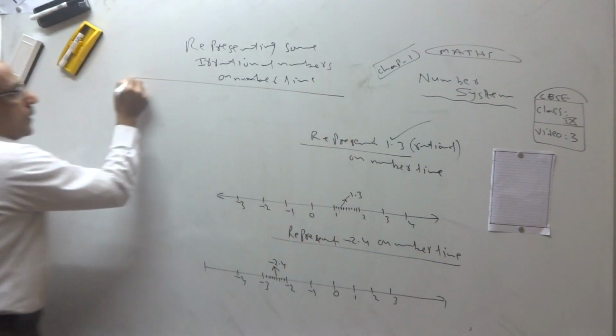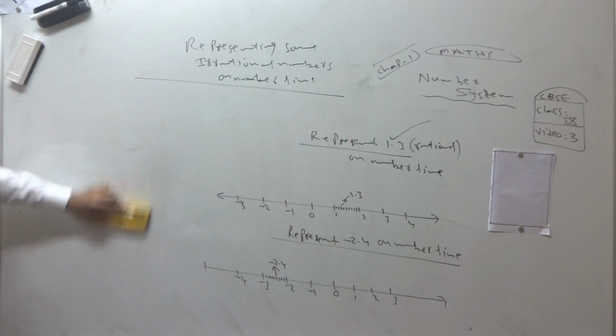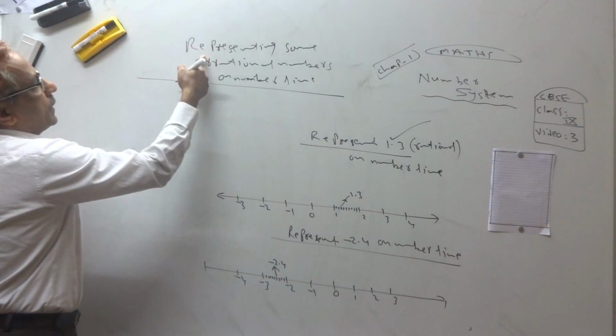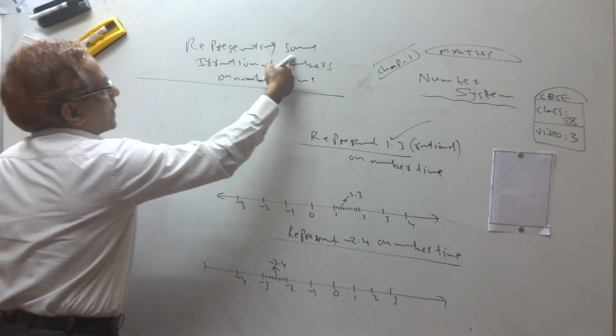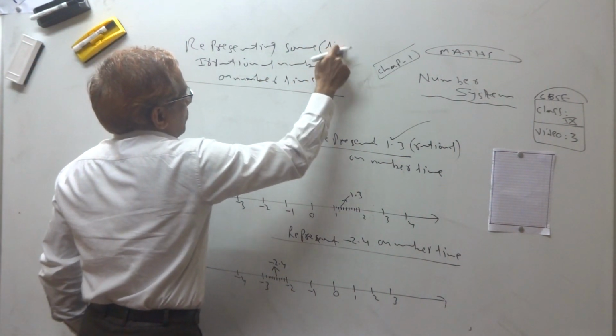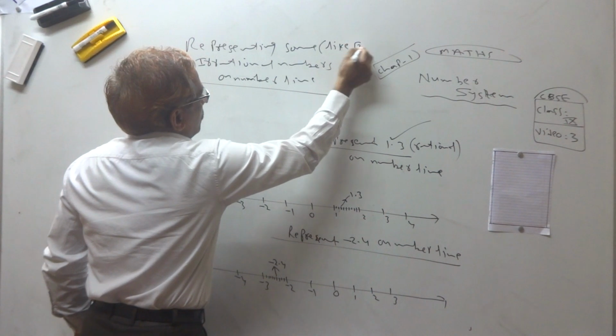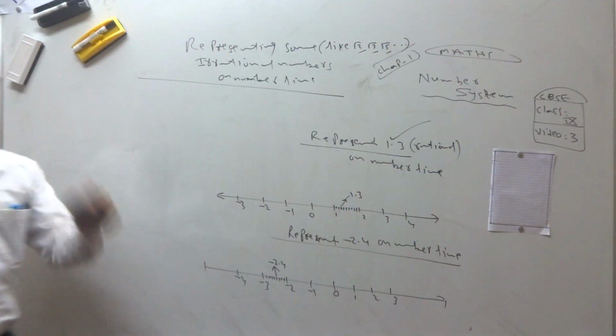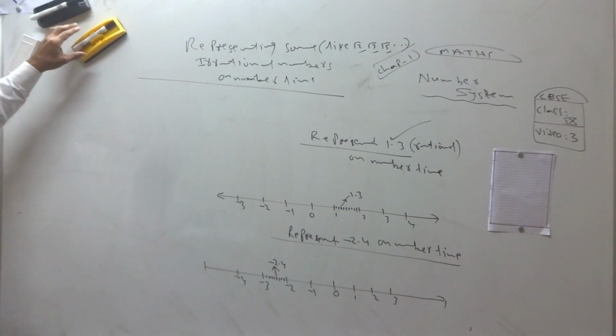Yes. Now we start this. How to represent some irrational numbers. Some is what? Like root 2, root 3, root 5. Yes. This we have in the syllabus. Okay.